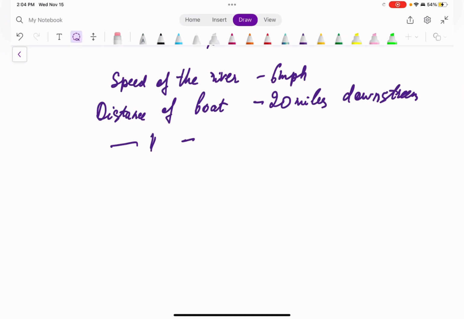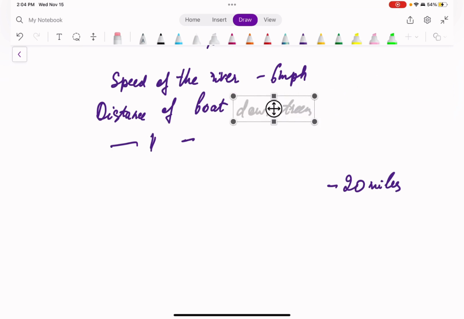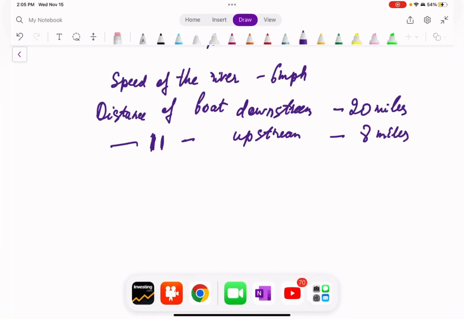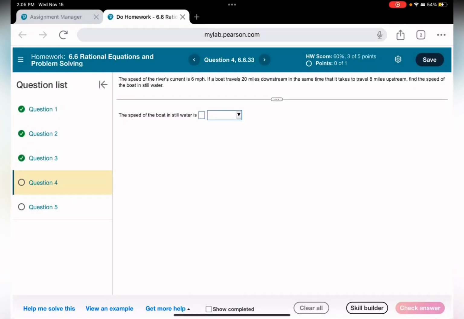Let's do this way. This will be upstream, meaning it's the same thing. I'm not typing the whole thing. 8 miles upstream. Find the speed of the boat in still water.